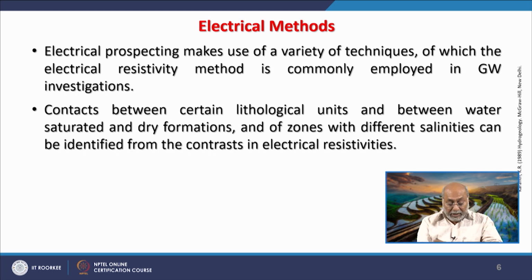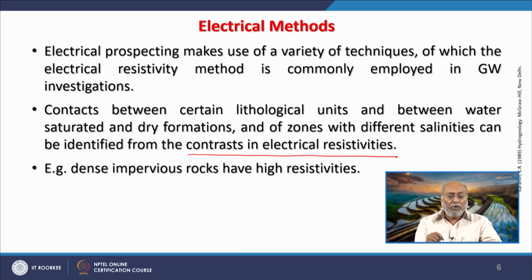Because of the contrast which we will be getting in the resistivity of different formations, formations in sequence and other things. So, in that way the contrast is looked at through this method, the electrical resistivity of different materials, rocks, soils, or those saturated with water or with salinity.